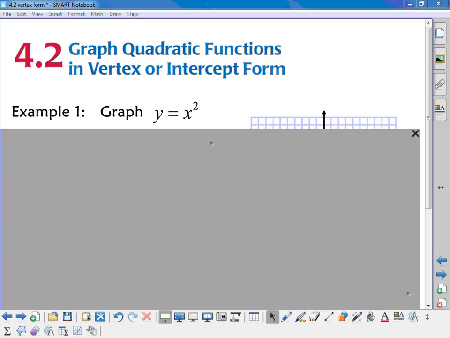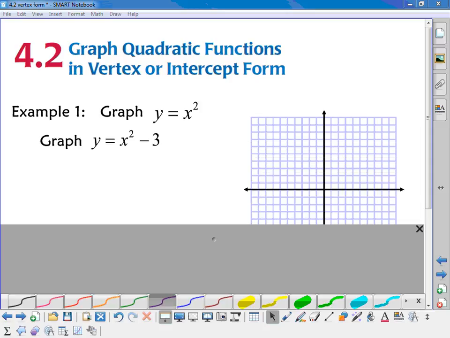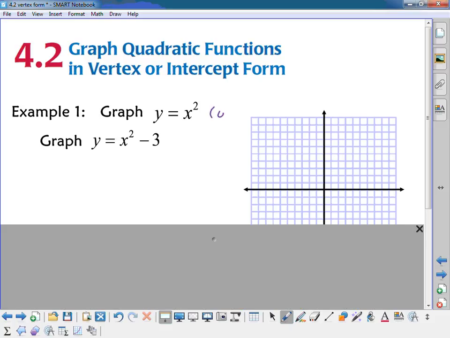All right, so on your first graph, you're going to graph y equals x squared. If x is equal to 0, what's y going to be? 0, right? So this first one, we're starting at 0, 0.